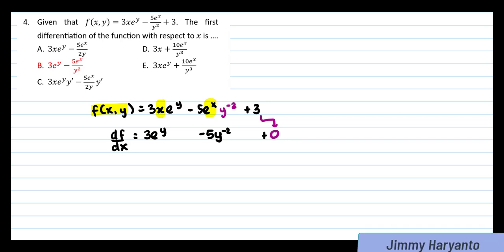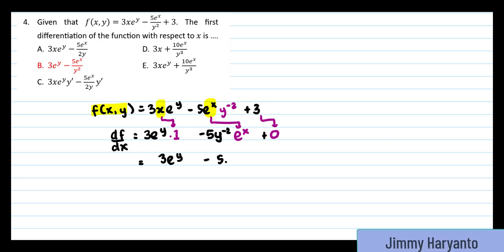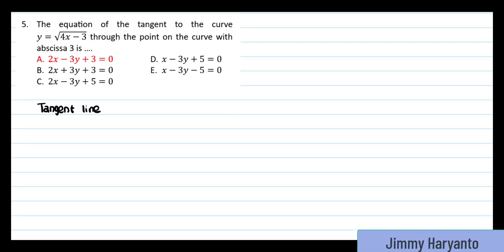And then you will differentiate the one that you highlight, like x differentiated into 1, and then e^x will be differentiated into e^x. There you go. This is the answer. So you have 3e^y minus 5e^x. You will take the e to the negative 2, and then you will move it down like this, and that's it. This is the answer. Okay guys, the next is question number 5.